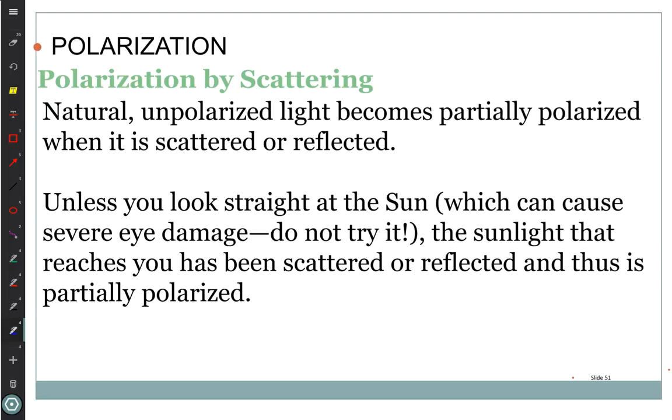So the glare, the light that reflects off of the surface, tends to be polarized parallel to that surface. So when I'm looking at the light reflecting off the road, the glare, the sunglasses are made so that they're going to block horizontal light, allow vertical. And so if I stand with my head straight up, it should be blocking that glare, and the road looks darker. But if I rotate to the side, now it's allowing the glare through, and it looks brighter.